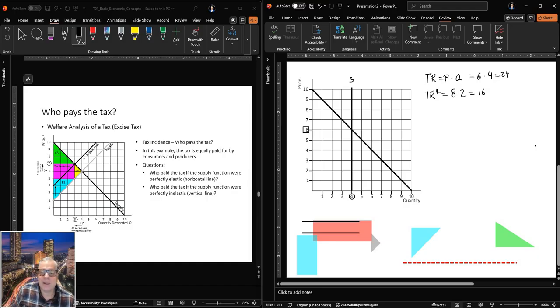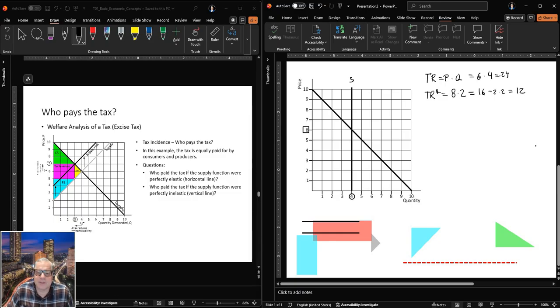But now the farmer still has to pay the tax that he or she collected. So minus 2 times 2, which is 4, so the farmer would be only left with 12 if the farmer tried to pass on the tax. So therefore the farmer is better off if the farmer just pays the tax.